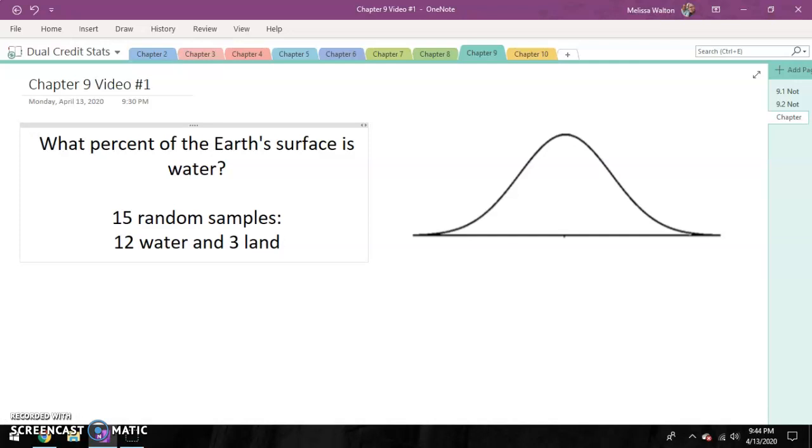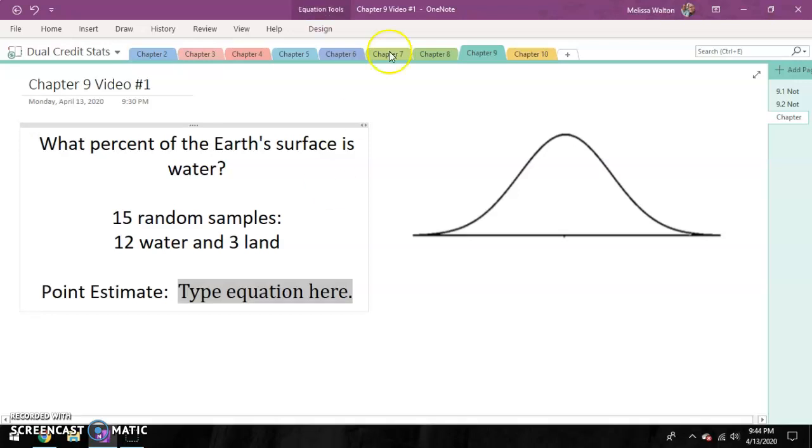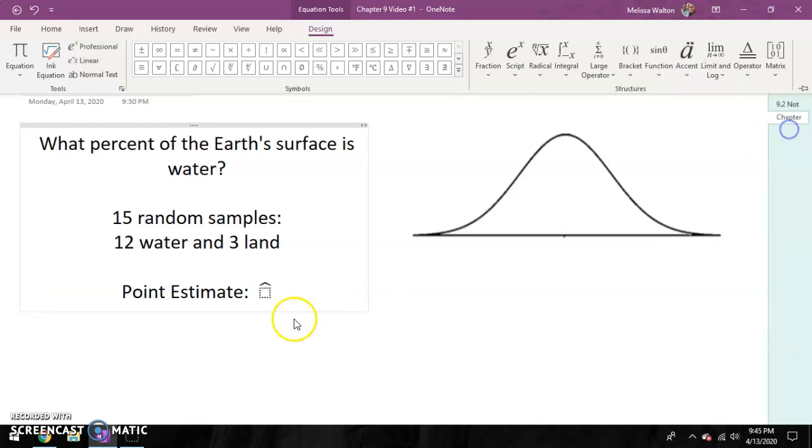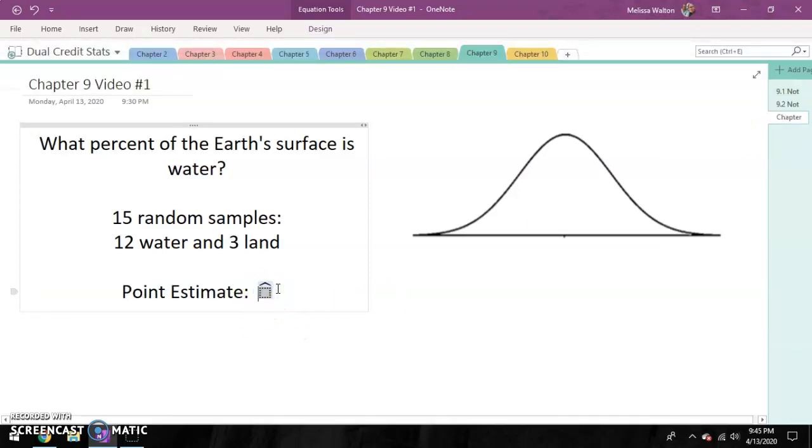So if I were to ask you to predict what percent of the Earth's surface is water, well, this is calculating a point estimate. I'm calculating my guess at the percentage of water. If we're looking at an estimate, you're going to have this little hat over it.